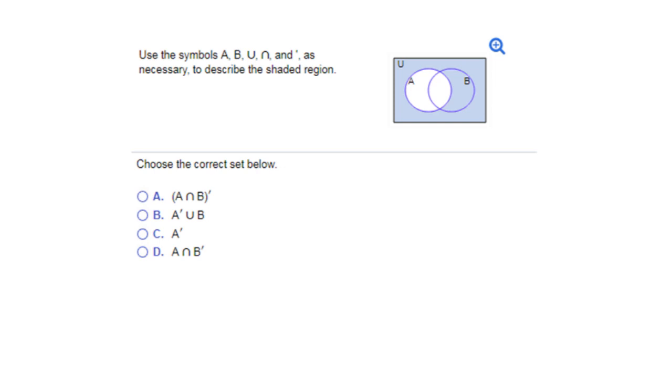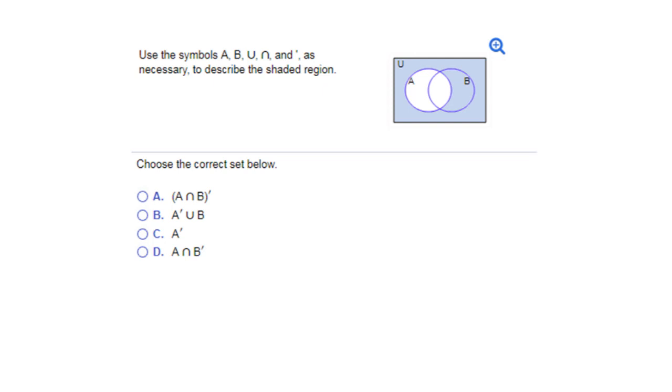Use the symbols A, B, union, intersection, and complement as necessary to describe the shaded region. If you take a look at your Venn diagram, notice that the whole set A is not shaded.